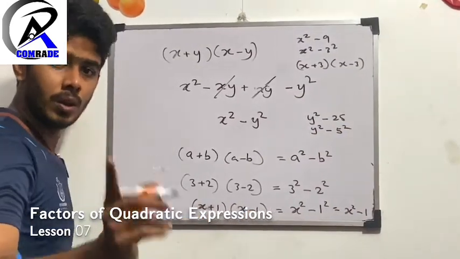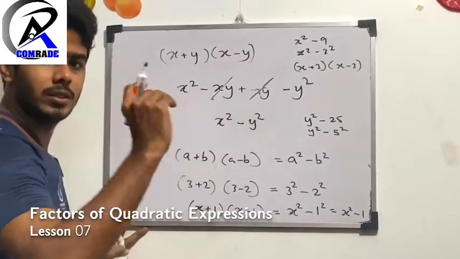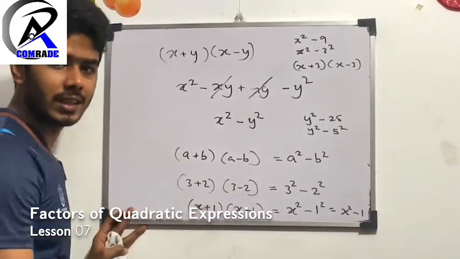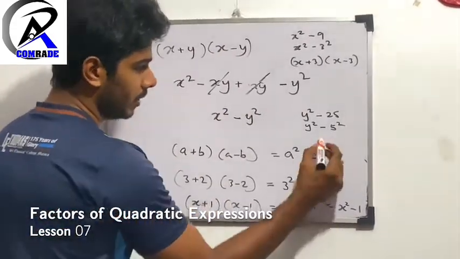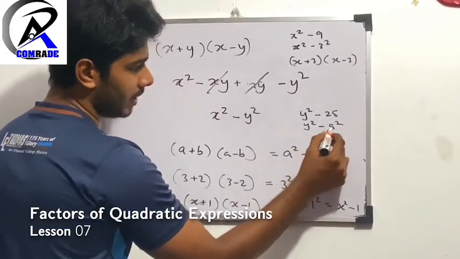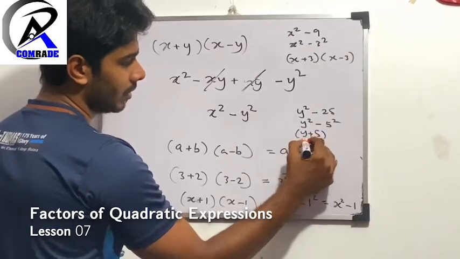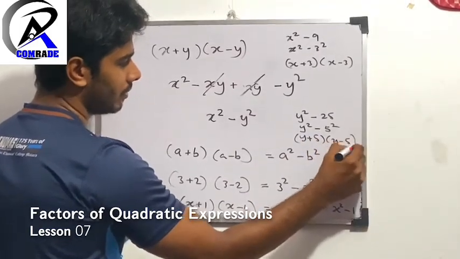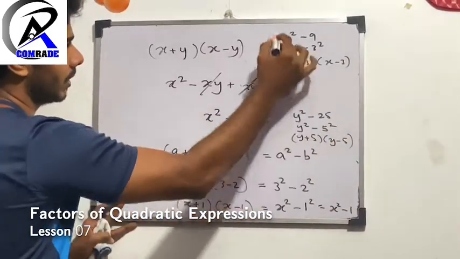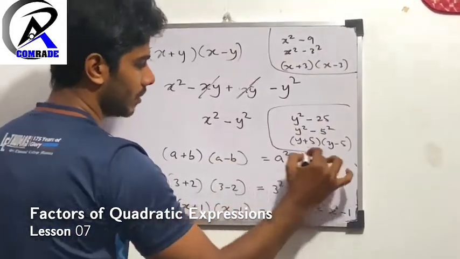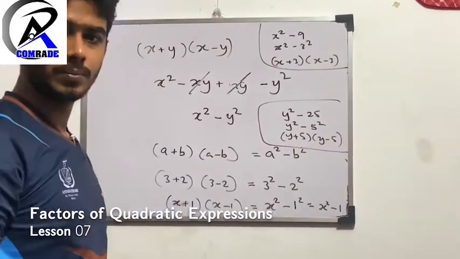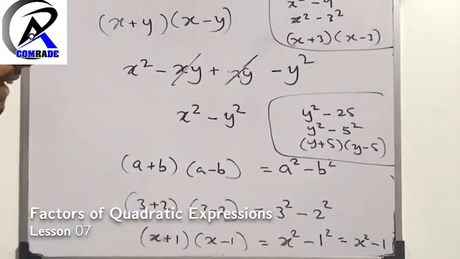I told you 1, 4, 9, 16, that thing probably you must know. So here y squared minus 5 squared means y plus 5, y minus 5, like this. Okay, opposite. So copy down these things also, pause the video and copy down.